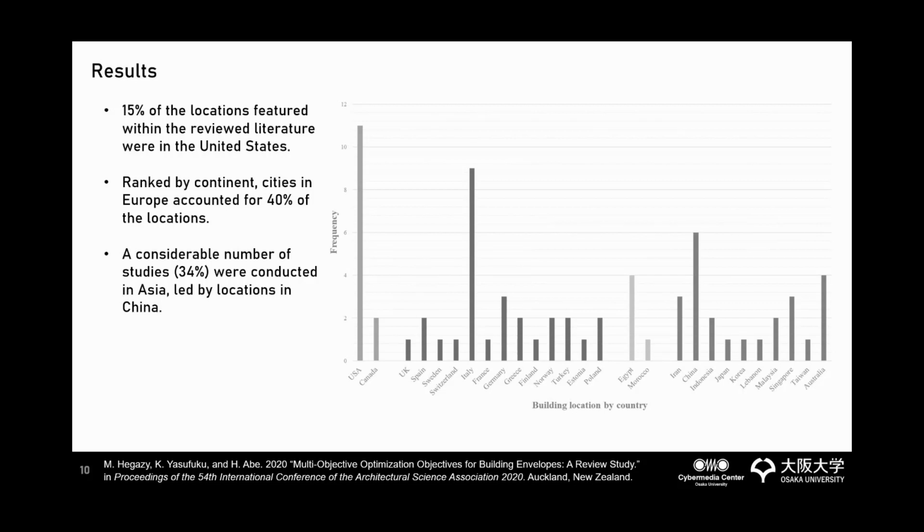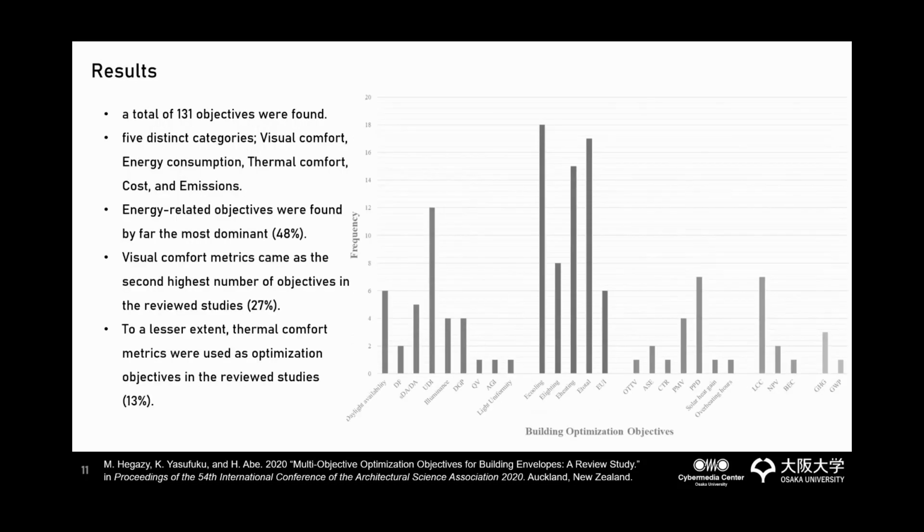As climate-based simulations play a major role in the optimization process, 15% of the investigated locations within the literature could be found in the United States. However, per continent, 40% of the investigated cases were located in European cities, followed by 34% in Asia, majorly in China.